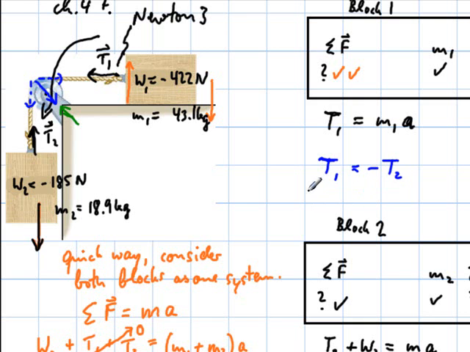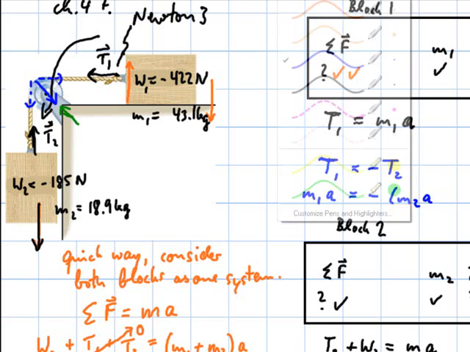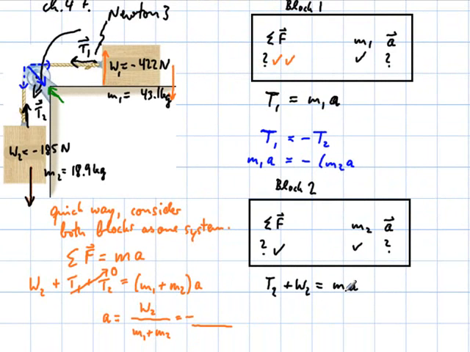So these two here, I'm going to have m1 times acceleration equals negative m2 times acceleration. I just noticed that I forgot a 2 down here.